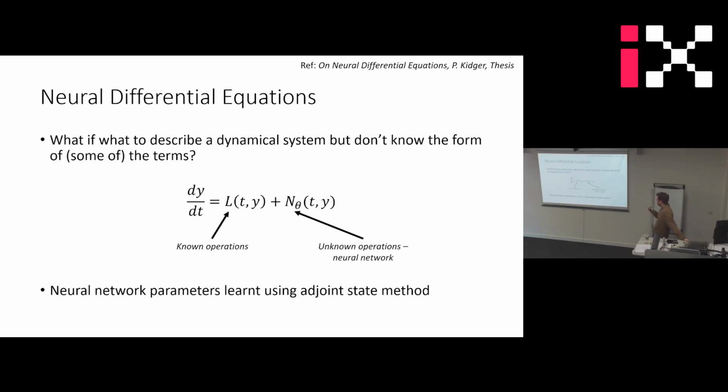So a universal function approximator, our neural network. So now we have our known evolution, and we want to improve it, augment it to describe the terms that we don't know about. And let's do that with a neural network. So this is going to look again exactly like our adjoint state method, but now the parameters are the trainable parameters of the neural network.